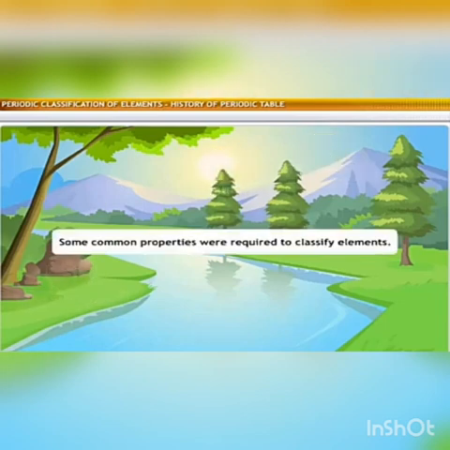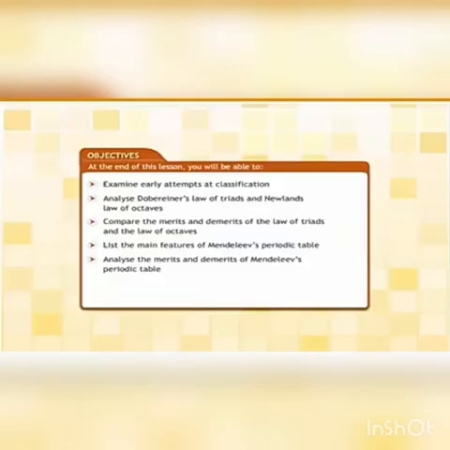Scientists felt the need to classify them on the basis of some common properties. In this lesson, we will learn how the attempts to classify elements led to the evolution of the periodic classification of elements.